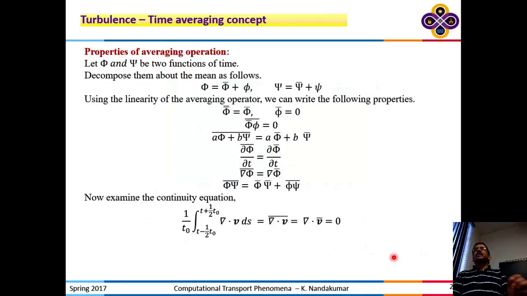LES is very similar in concept in the sense that you are identifying a filter size, so it's essentially spatial, right? Any eddy smaller than a particular size, you say I cannot resolve that, so I need to provide a model for it.